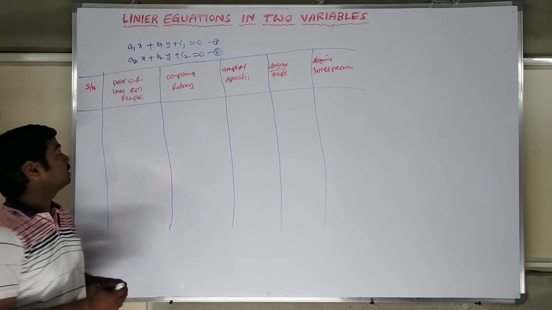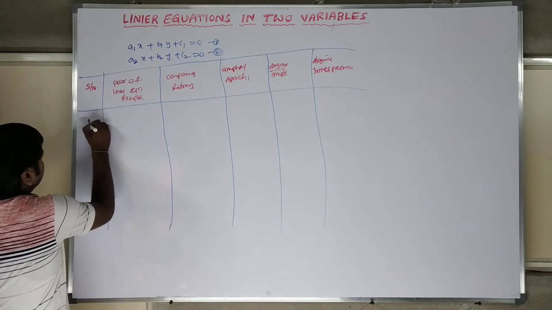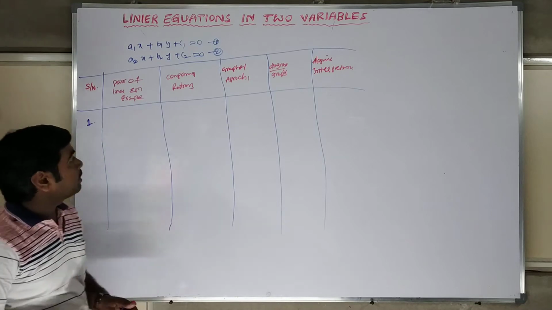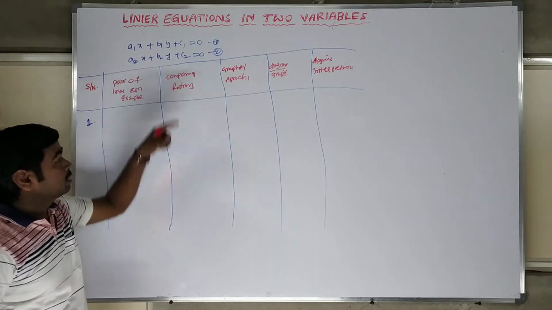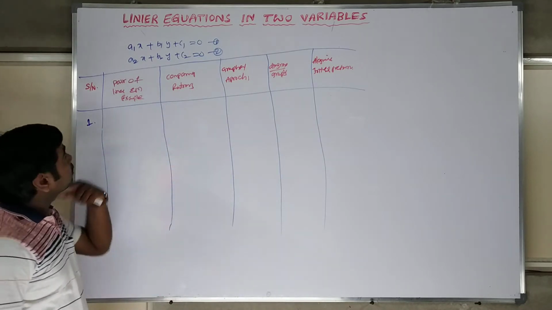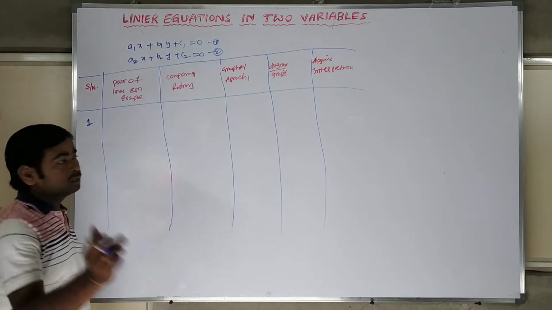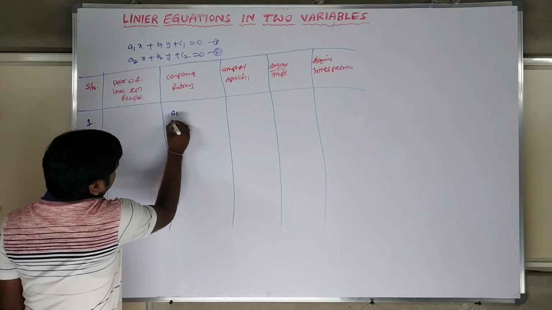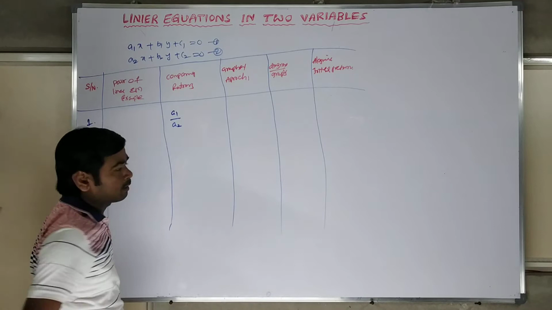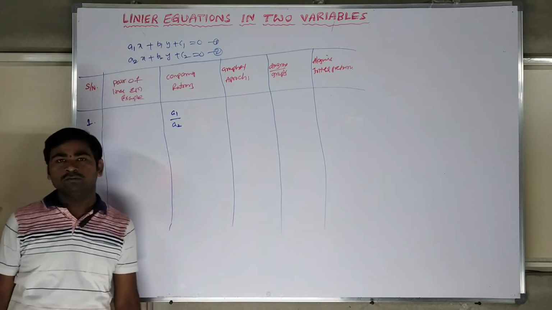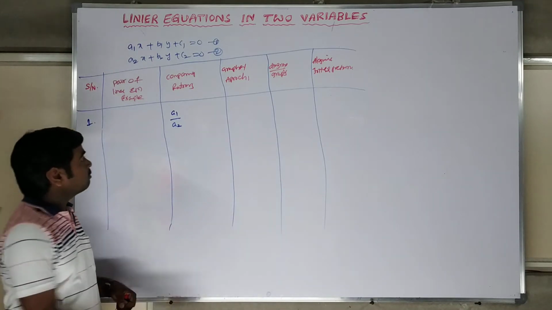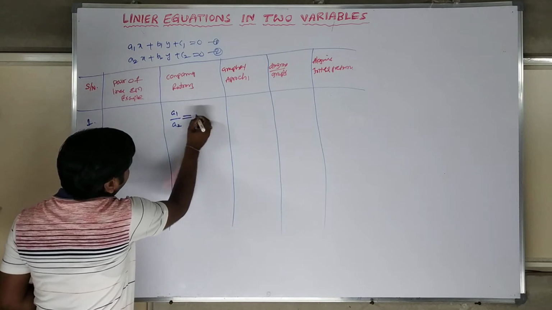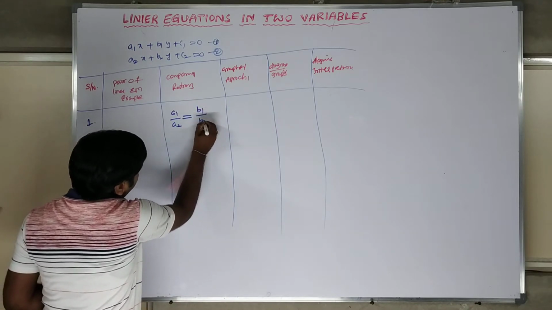First thing is serial number 1. What is comparing ratios? First you compare the ratios. When you are comparing your two equations, check a1 by a2 and b1 by b2.